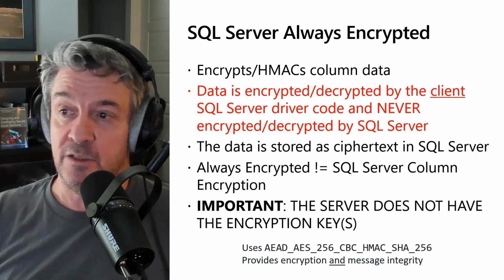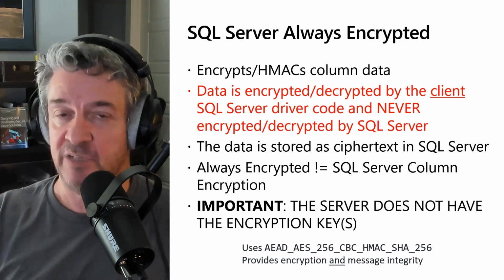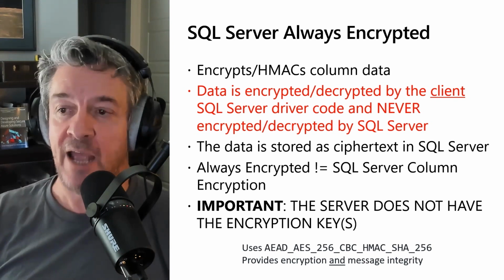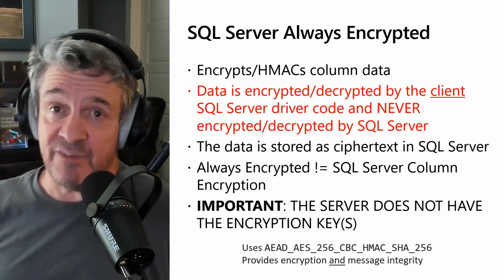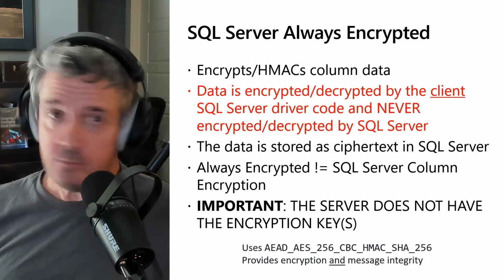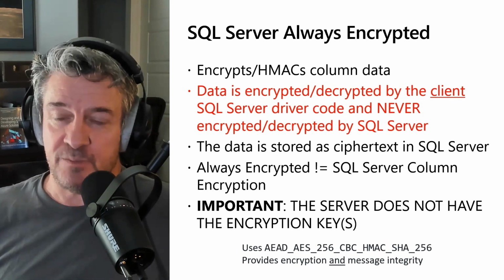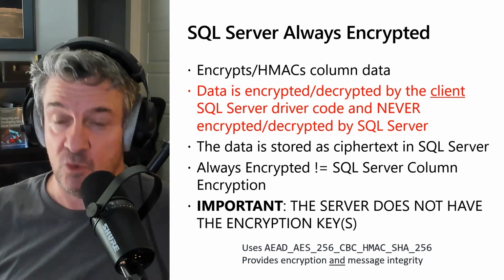What's important here is that it is never encrypted or decrypted at SQL Server. The actual SQL Server process does not do any of this crypto work. It's all done at the client, and the data is only stored as ciphertext in SQL Server. Only. Now, I'm going to get really pedantic with some words as I move through this, because there's a really subtle nuance here when we're talking about what are called enclaves, which I'll talk about.